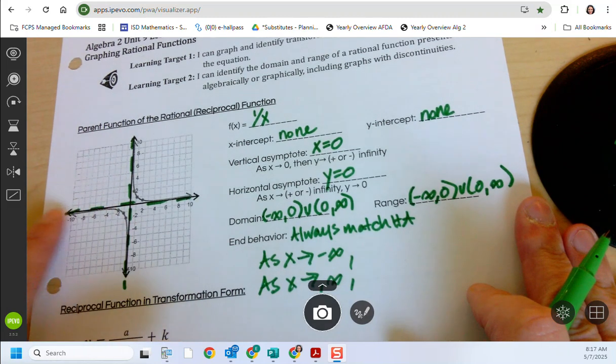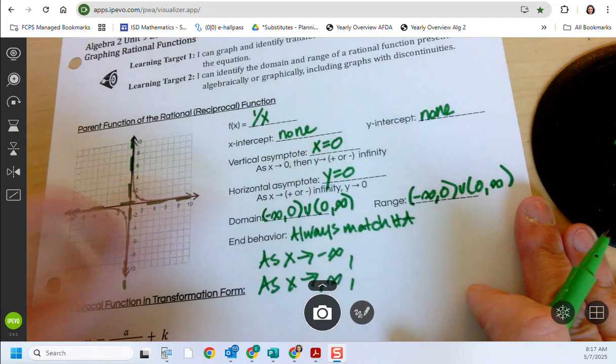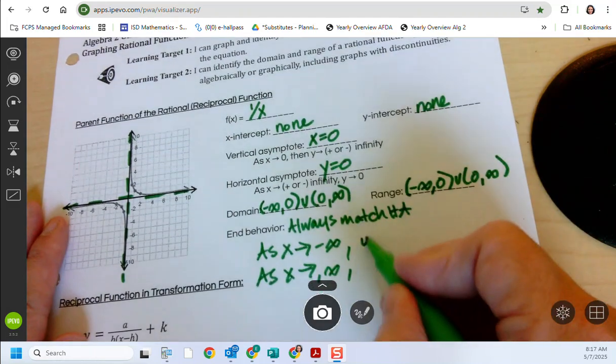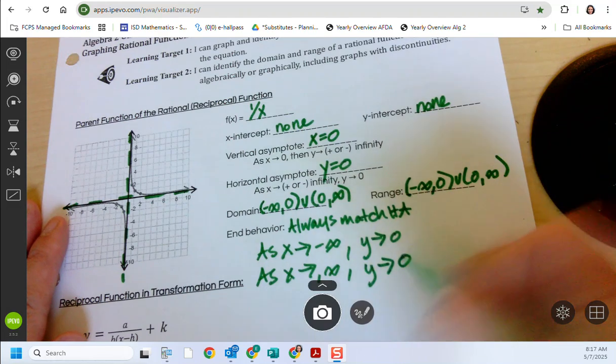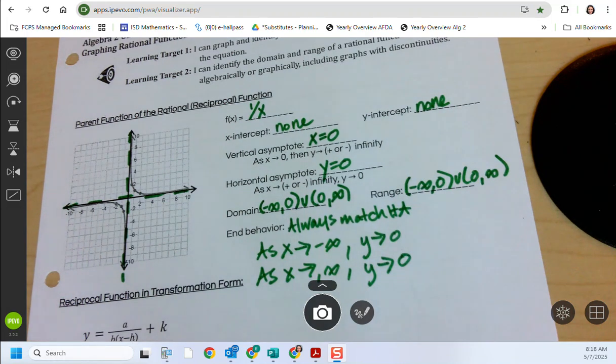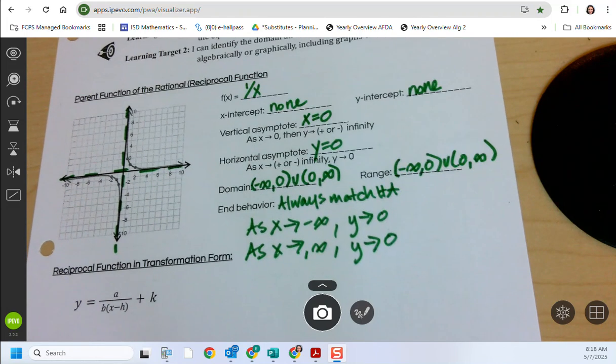It's getting closer and closer to 0. And same thing on the right side. As x goes to positive infinity, the y is approaching 0. All right, and those are just describing your parent function. So please make sure you have all those down for your parent function. And then we're going to talk about the transformations and how to graph a transform function.